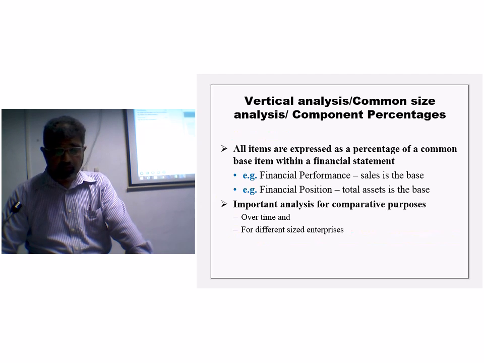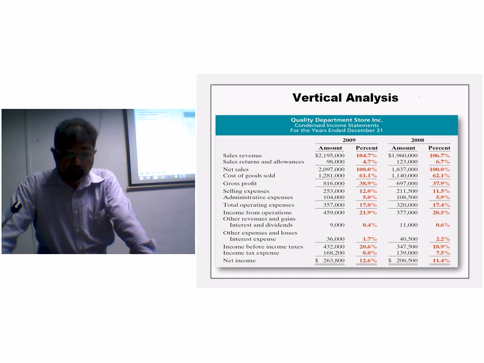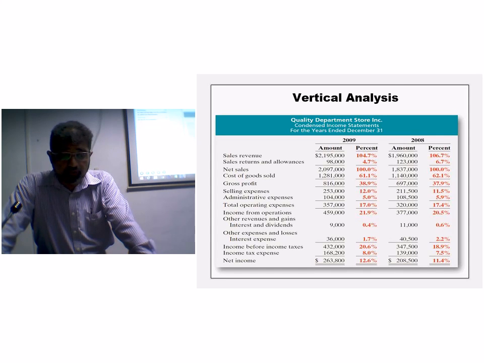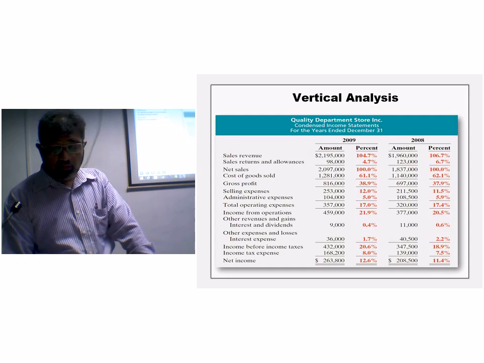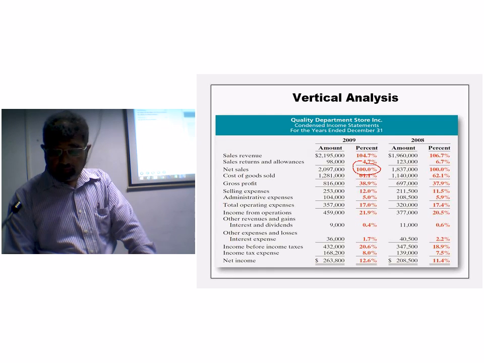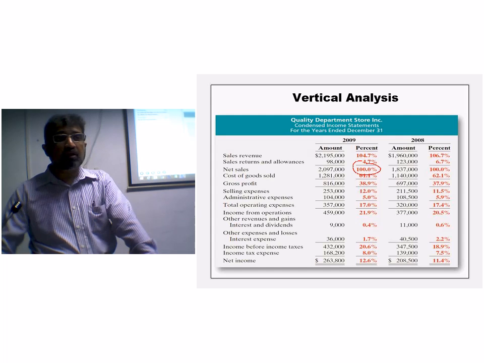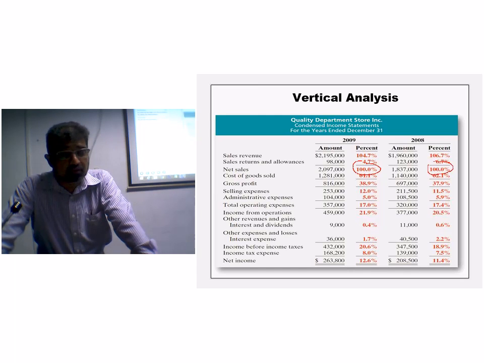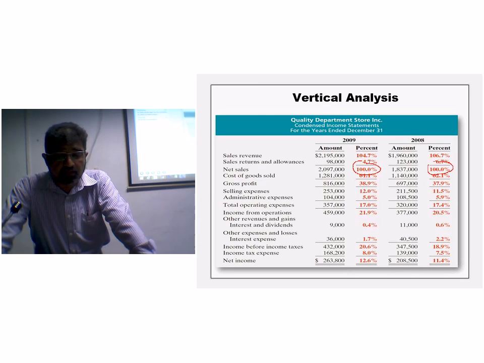If you go to the common size financial statement, here this is one good example. You can see that sales revenue, yes, net sales is taken as 100 here. Here also the same, net sales taken as 100.